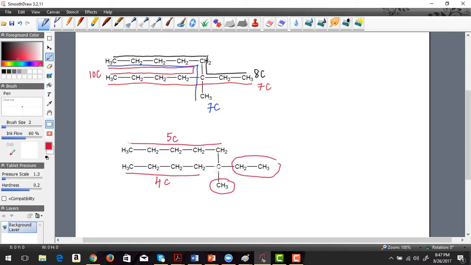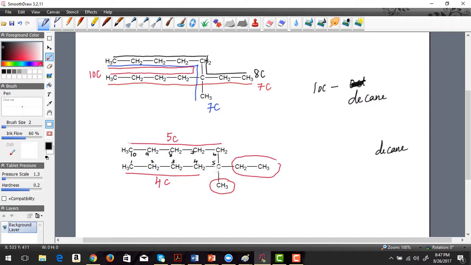So let me get my trusted black color pen. So 1, 2, 3, 4, 5, 6, 7, 8, 9 and 10, right? Now we know it's 10 carbons. Okay, 10 carbons is decane, right? So that's our last name for the compound.